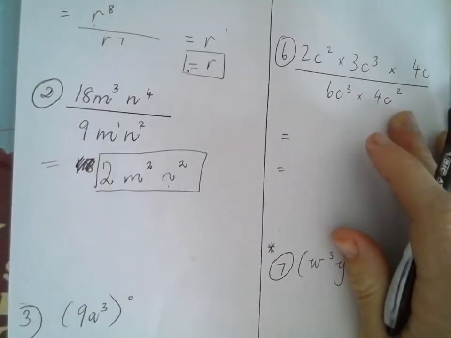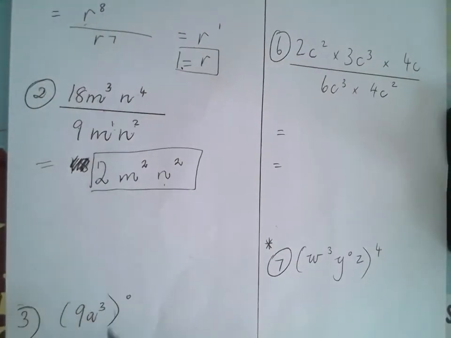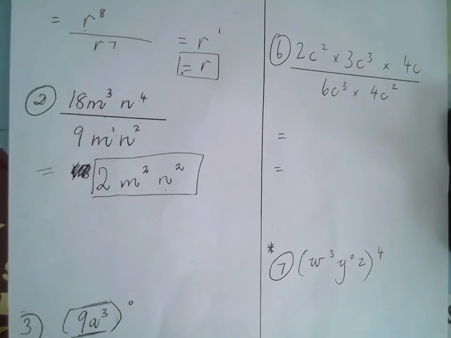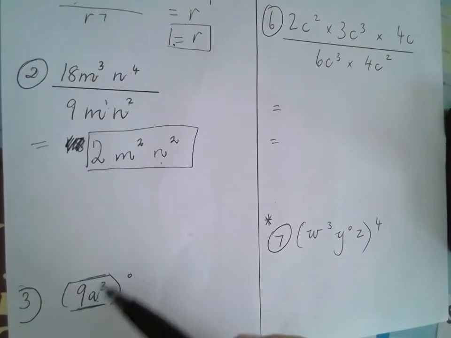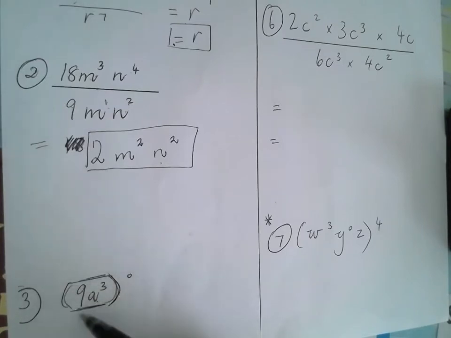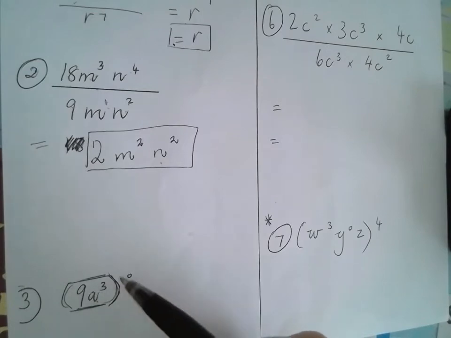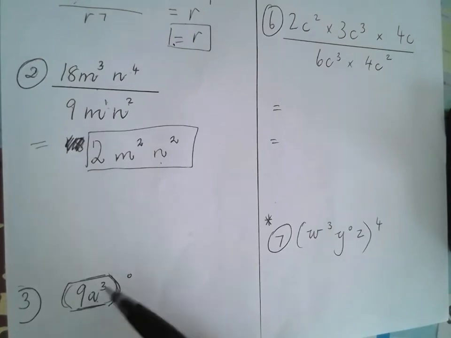These brackets are really important here because it's making this expression in here one package. 9a, we don't know what a is, we don't care what a is, but whatever a is to the power of 3, the brackets are extremely powerful in this question. It means the whole expression is collected together. So whatever is in this parcel here, because of the brackets, is to the power of 0. Which means anything to the power of 0 is 1.